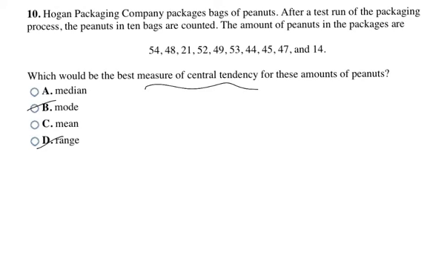However, I use median if there is a number or two that is not like the others, that just seems like something's amiss with it. And I use mean if they're all in about the same area on a number line. So I look here and I have a whole bunch of 50s and 40s, and then I have this 14. This 14 is not like the others. So that means I have an outlier, so I'm going to use the median, letter A.